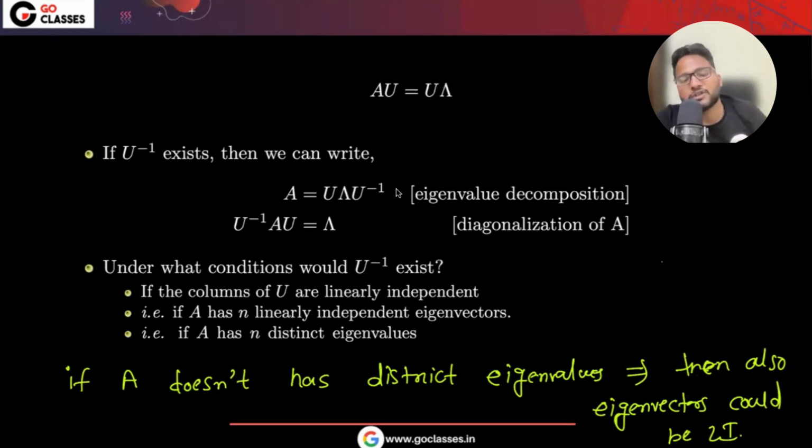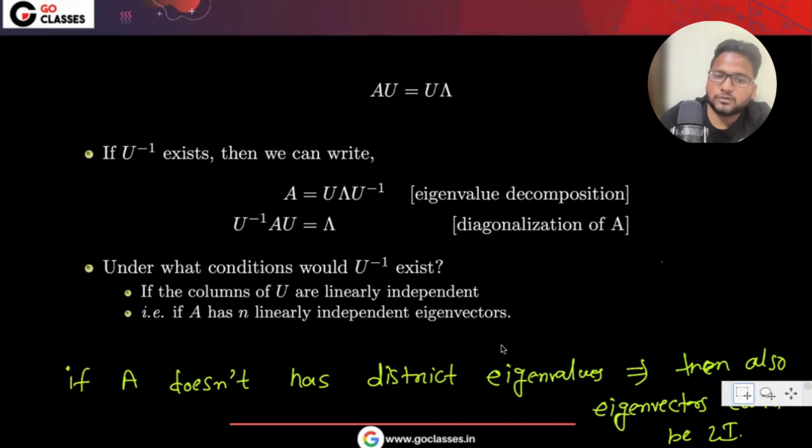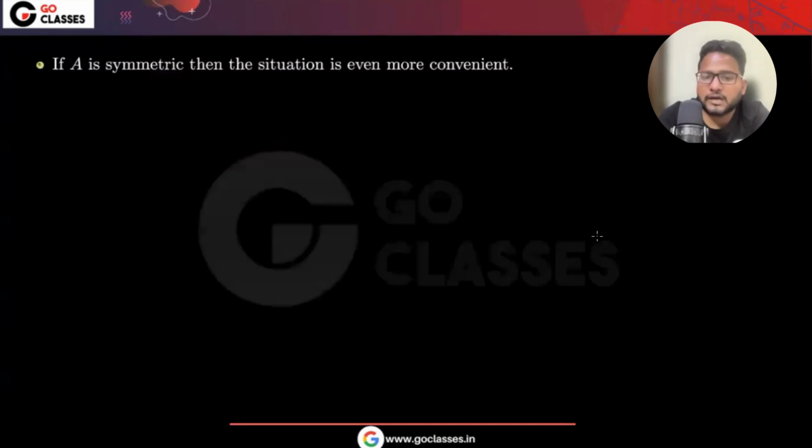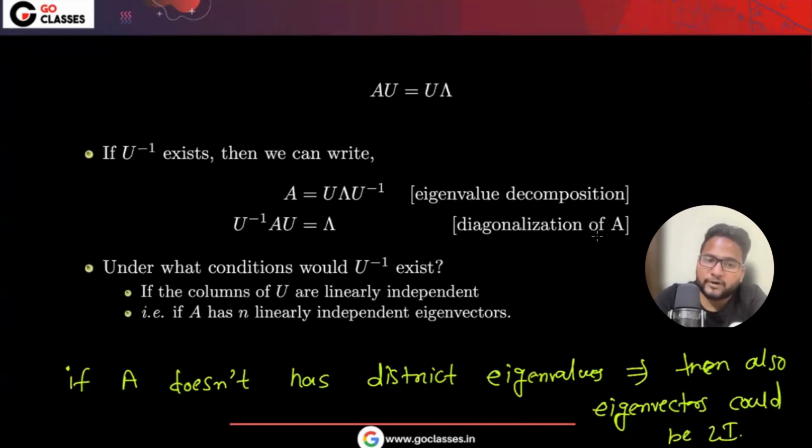But if they're the same, then also the eigenvectors could be linearly independent, right? So maybe it is not a very good line to write in our context, so let's just remove it. It is not necessary to have n different eigenvalues. They could be the same also. The eigenvalues could be shared also. We just want n linearly independent eigenvectors.